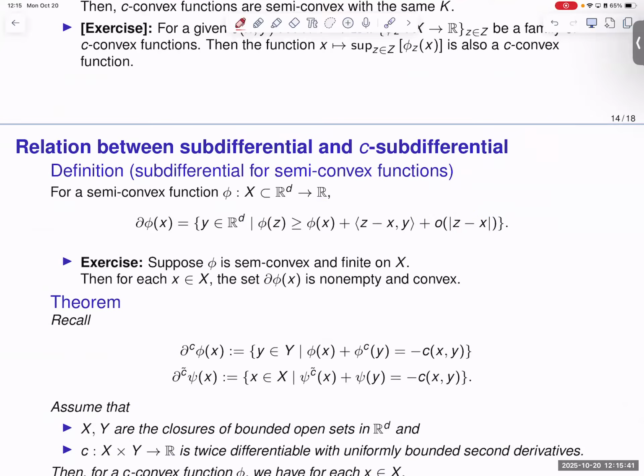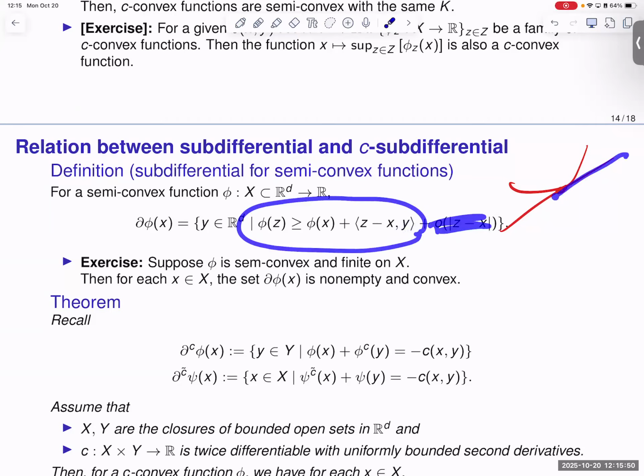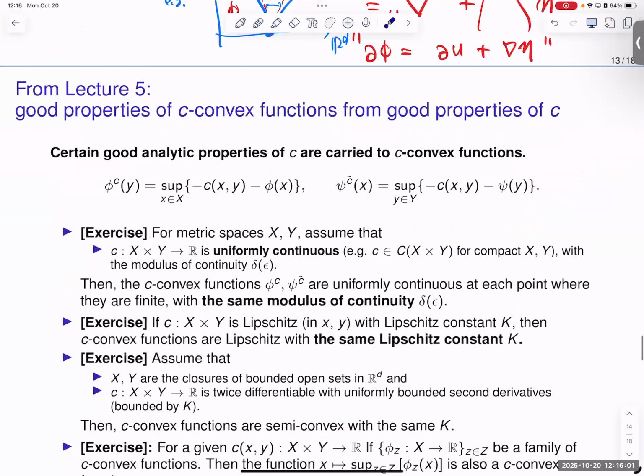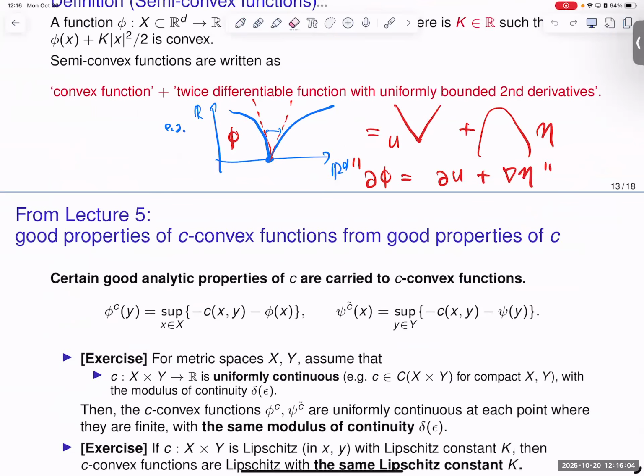If you have a convex function, then you have a supporting hyperplane and an inequality between the supporting hyperplane and the convex function. But you can relax that relation up to a certain small error. So here you can still have a supporting hyperplane for such semi-convex functions, right?